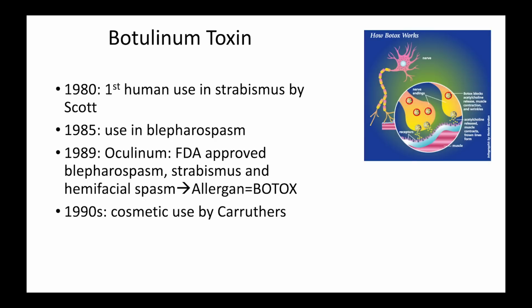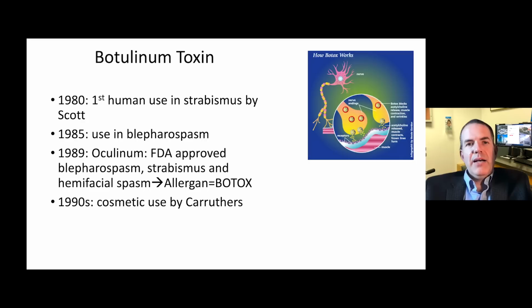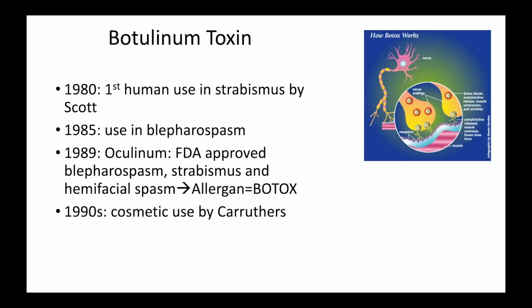In 1980, a good little bit of San Francisco history: Alan Scott, one of San Francisco's pediatric ophthalmologists over at Smith Kettlewell, uses botulinum toxin for the first time to treat strabismus, or eye muscle deviations. He then uses it in 1985 to treat blepharospasm, where the eyelids are closing too much and spasming, and this relieves patients.